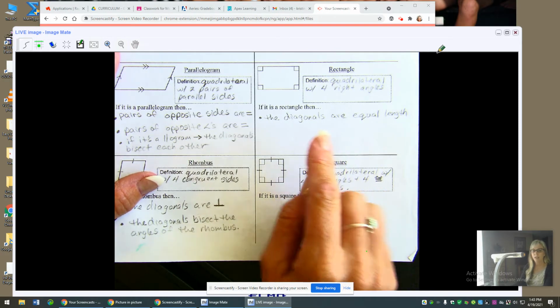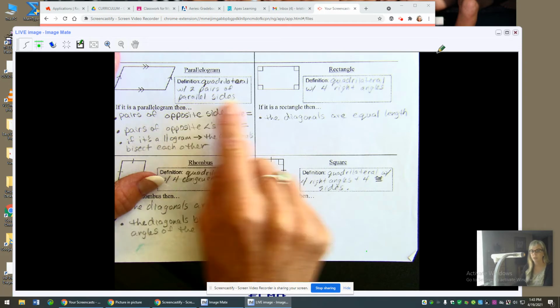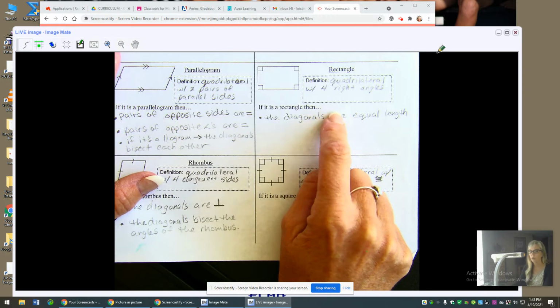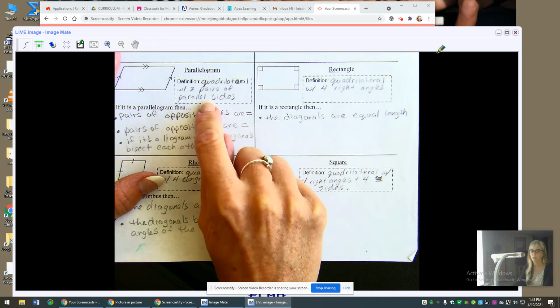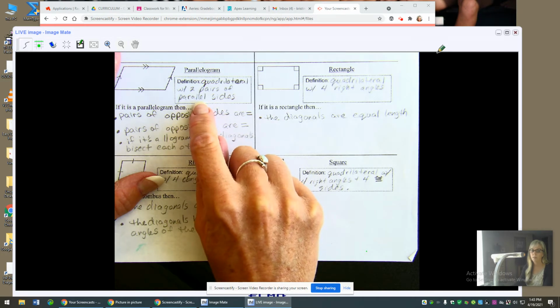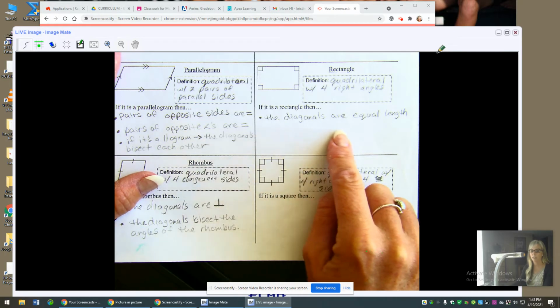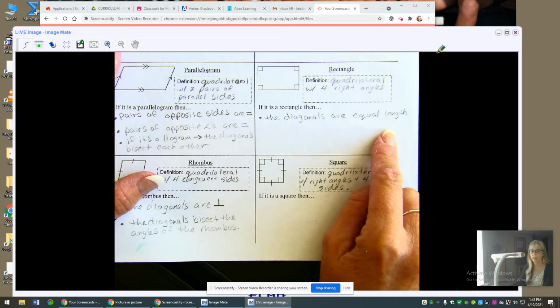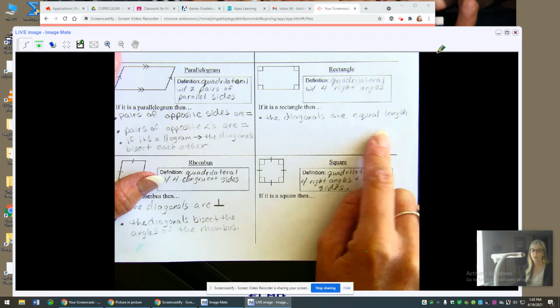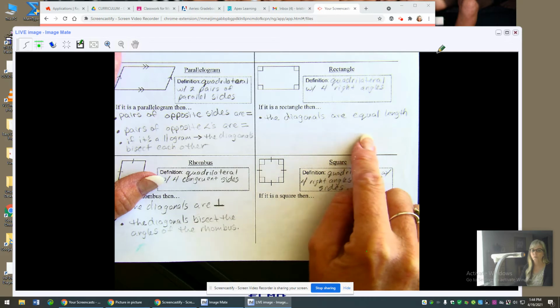But remember, not all parallelograms are rectangles, but all rectangles fall under the definition of a parallelogram, because it turns out they have pairs of opposite sides that are parallel. I haven't filled this out completely, but we could write that down in the characteristics of a rectangle: pairs of opposite sides are parallel.